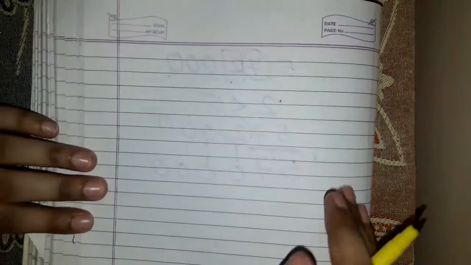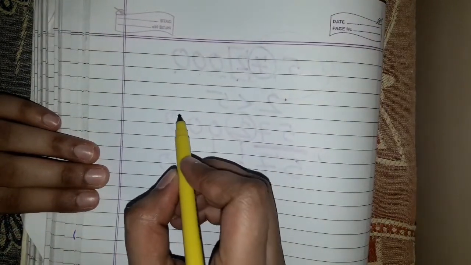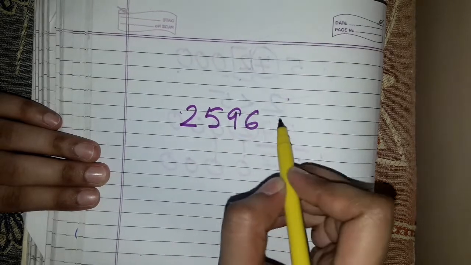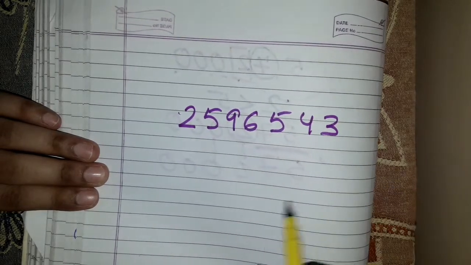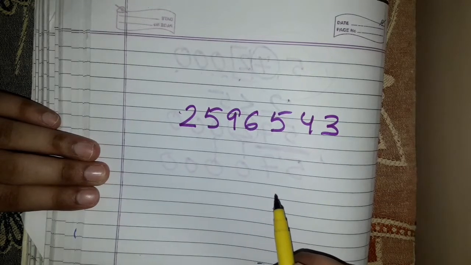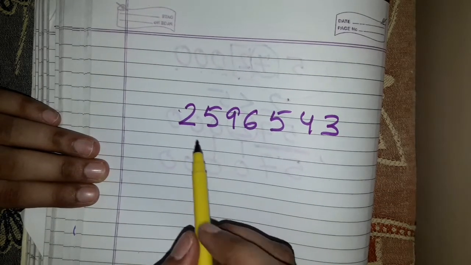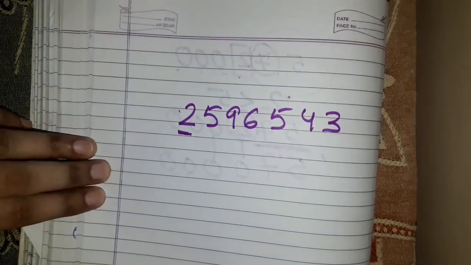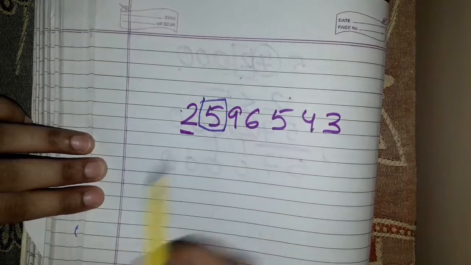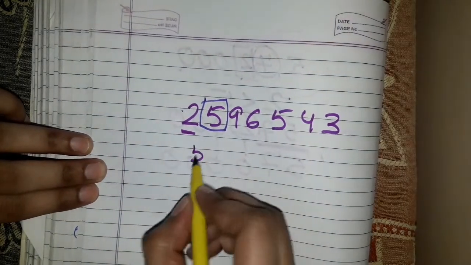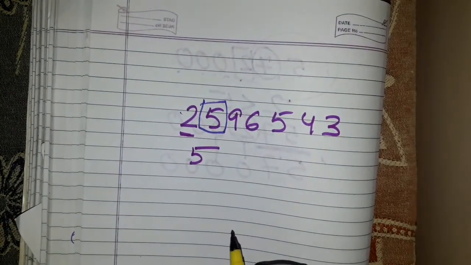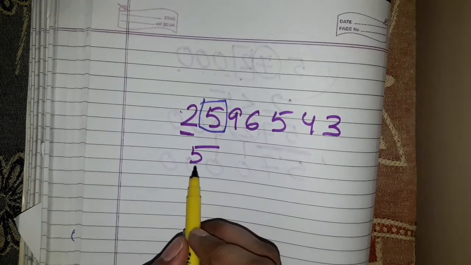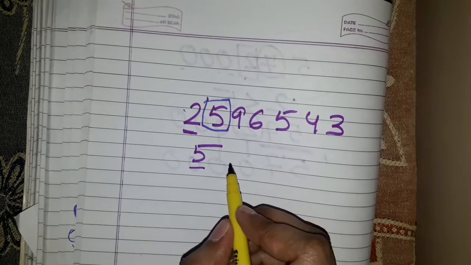Let's take one more example. Now suppose the number is 2596543, and we have to round off till this place. So again we will look at the digit which is on the right hand side. Now this right hand side digit is 5, and the rule was that it should be either equal to 5 or greater than 5.